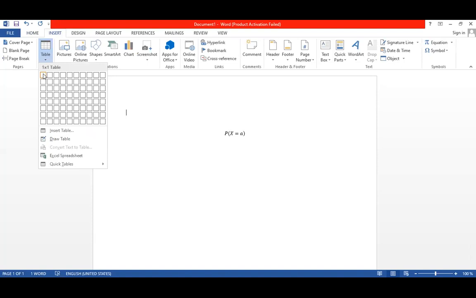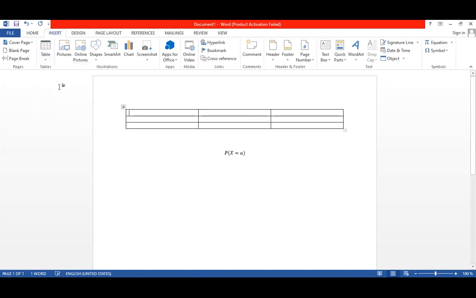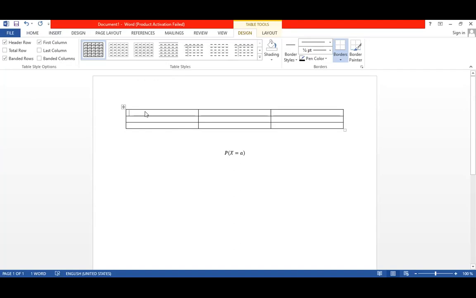Let me try to imitate it a bit, but it's not easy. The first column is giving us n, then we have r. What else do we have on top? x.